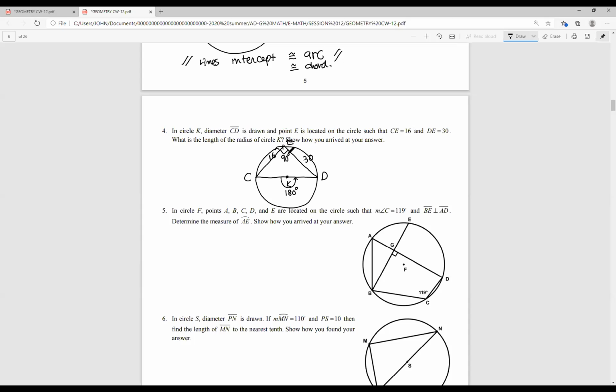Oh, this is the right triangle. You can apply the Pythagorean theorem, okay? So the diameter squared equals how much? Diameter squared equals 16 squared plus 30 squared, isn't it?